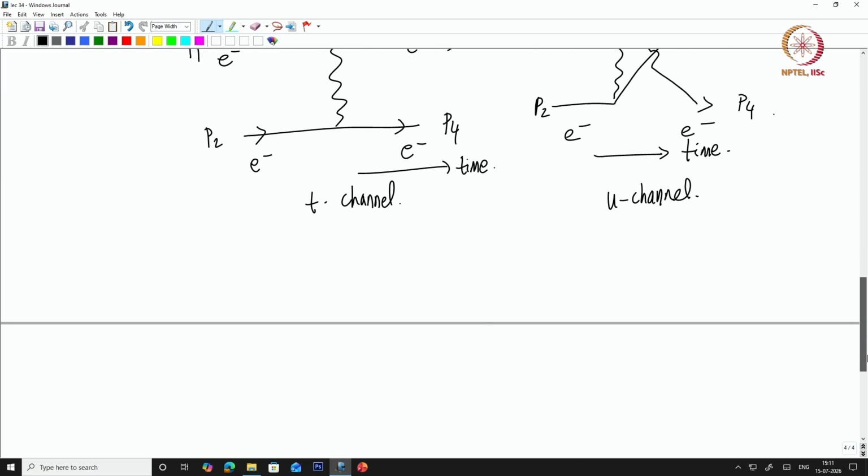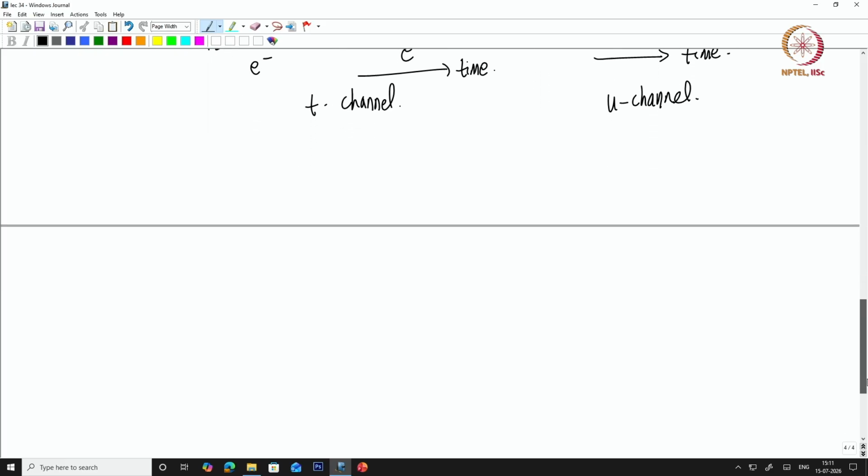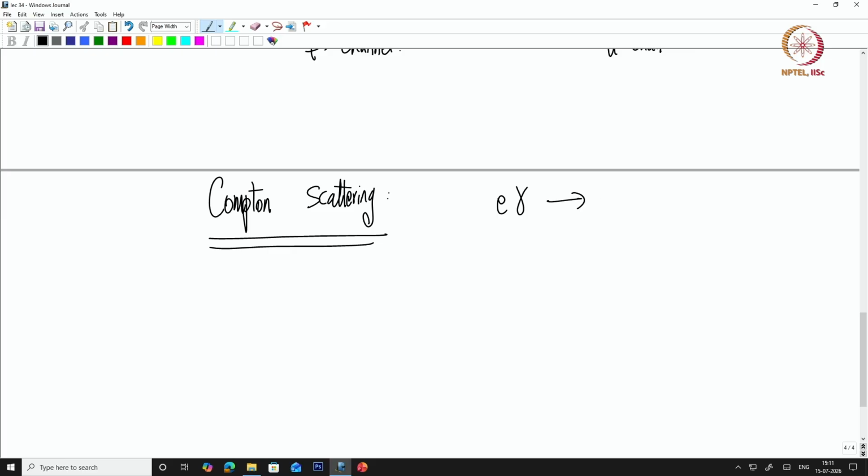The other ones in the list we have written are Compton scattering. Here it is a process of electron photon going into electron photon.